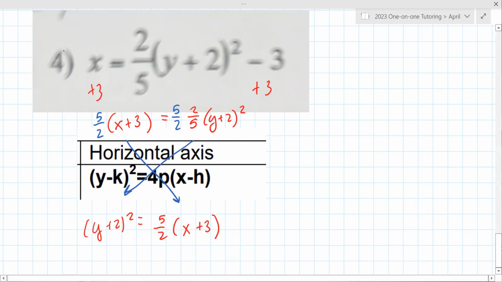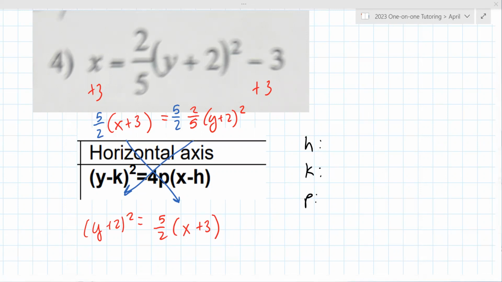All right. So next thing here is to figure out H, K, and P. You want to give that a shot for us, please? You got it right there, actually.